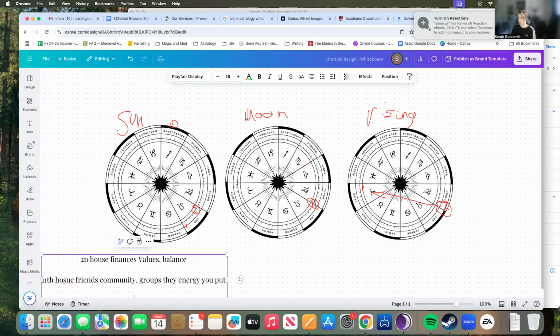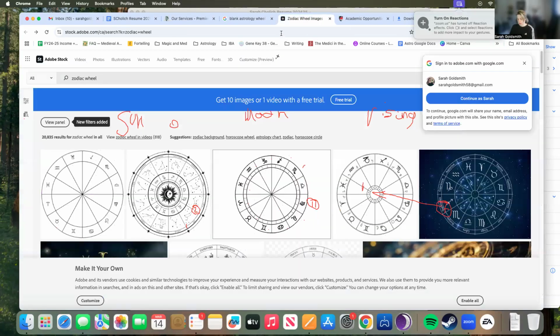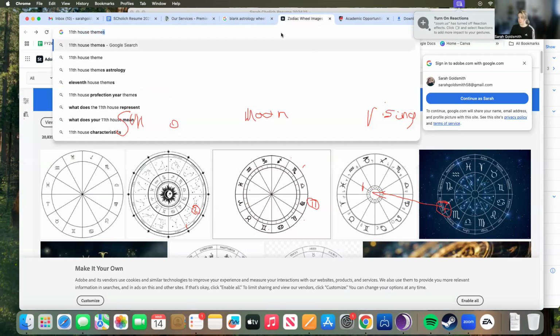Of course, Googling your own houses, stuff like that. Googling helps. When you're Googling, take the connotation that works for you. You're like, oh yeah, I am feeling that theme. Actually, let me Google a little bit right now. 11th house themes.